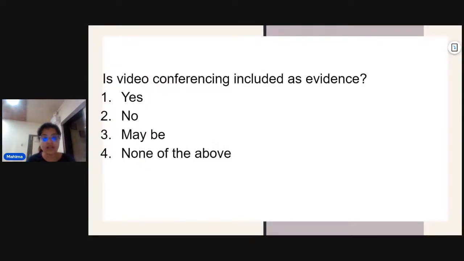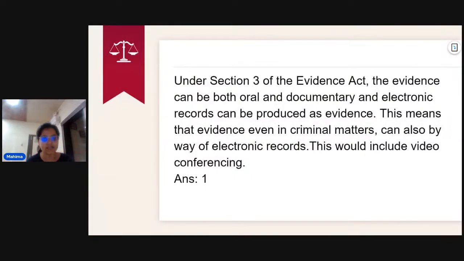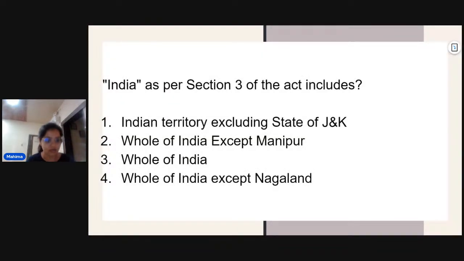Is video conferencing included as evidence? Yes, no, maybe, none of the above. Divya is saying yes. Pritika is saying yes. Under Section 3 of the Indian Evidence Act, the evidence can be oral, documentary and electronic. Can somebody tell me through which amendment electronic evidence is included in the Indian Evidence Act, in the chat box?